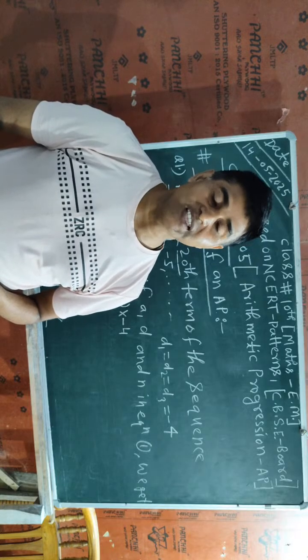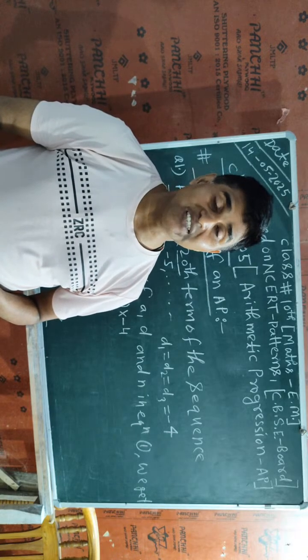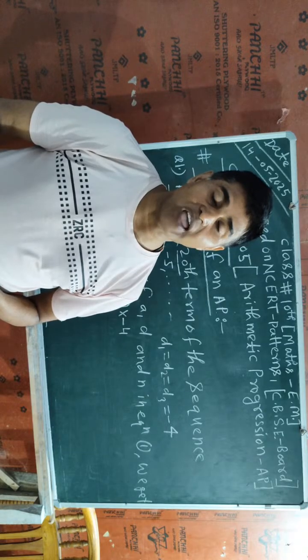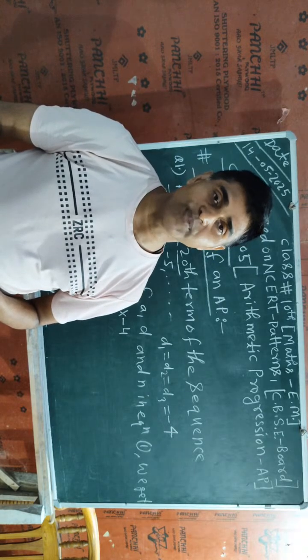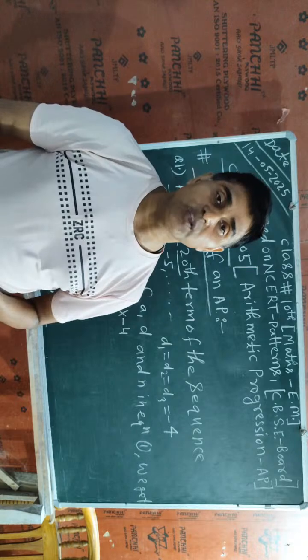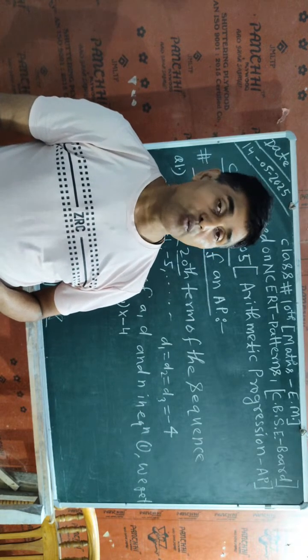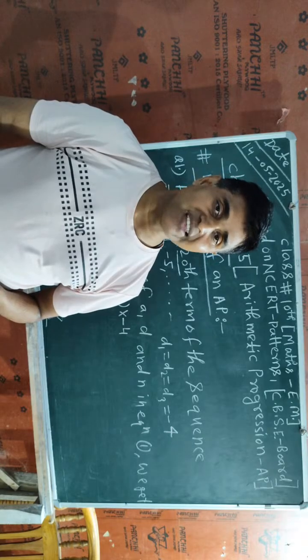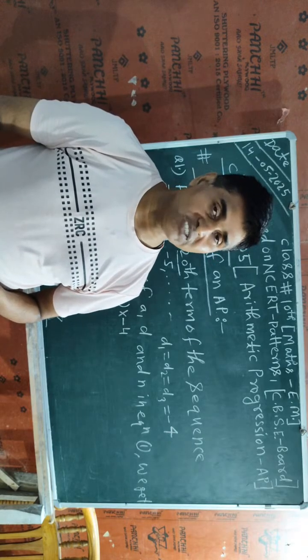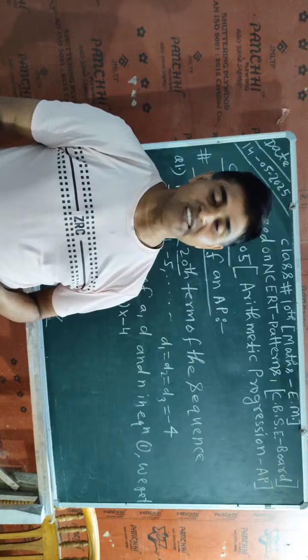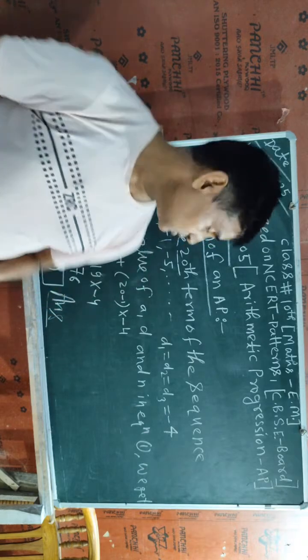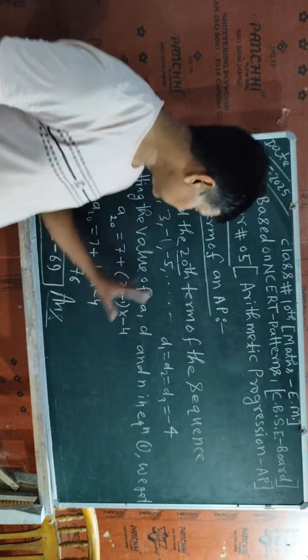So I say the given sequence is an AP series, so I will find the nth term of that AP by using the formula a_n equals a plus (n minus 1) into d, where a is the first term, n is the number of the term, and d is the common difference. So this formula I will use, and after using it I will simplify.